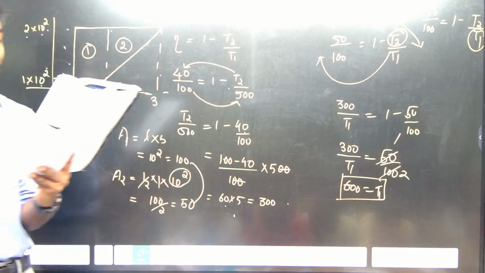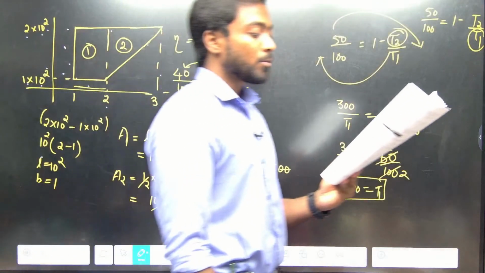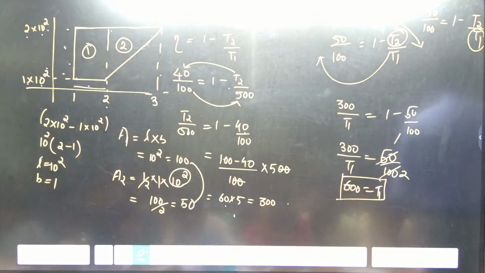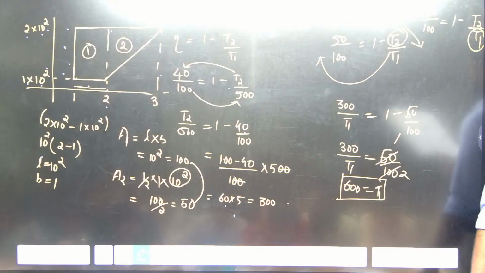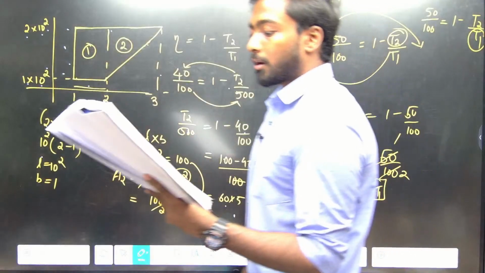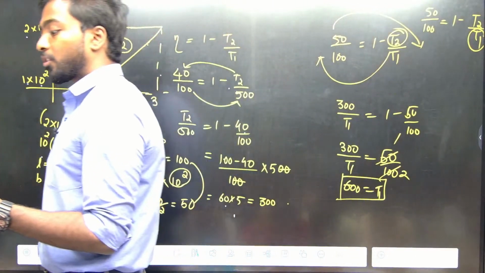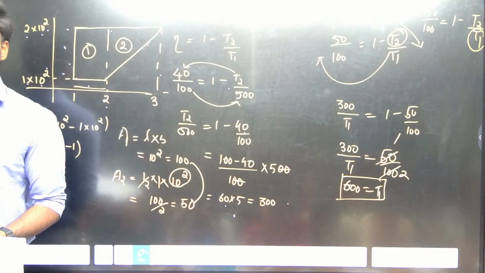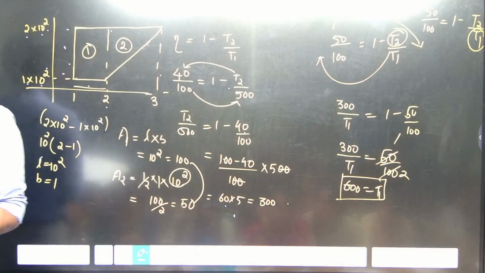The temperature inside a refrigerator is T2 degree Celsius and the room temperature is T1 degree Celsius. The amount of heat delivered to the room for each joule of electrical energy consumed ideally will be. So they are talking about joules, right? Whenever they are talking about joules, they are talking about the SI unit.